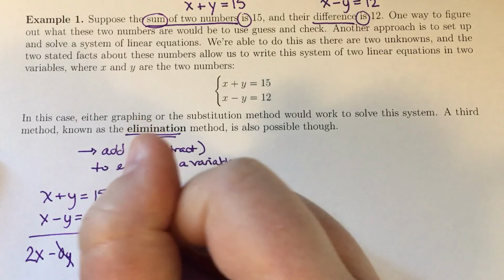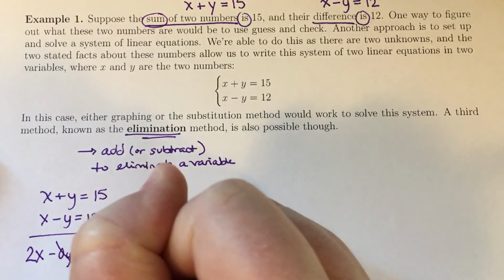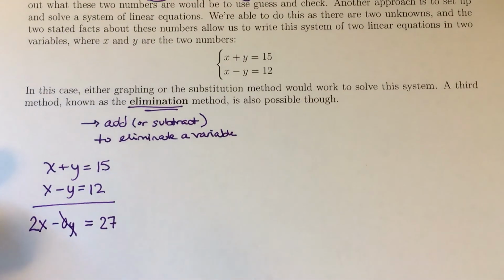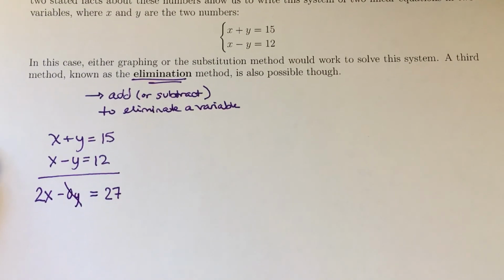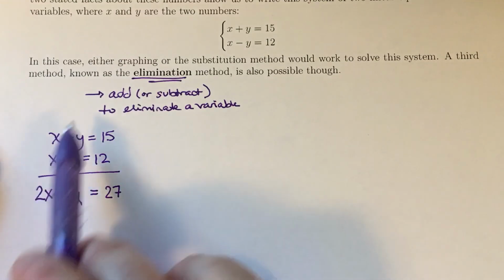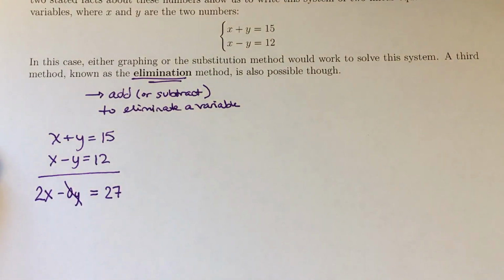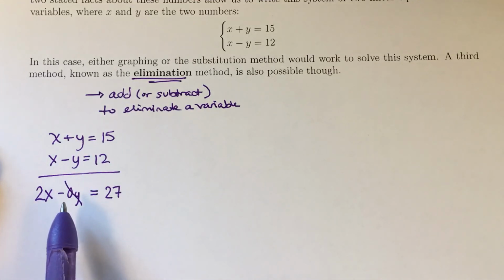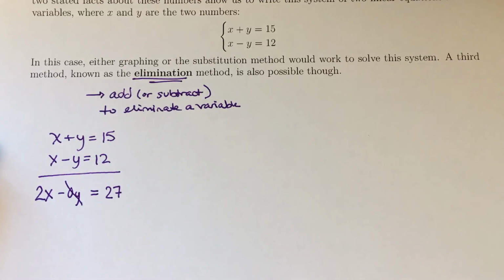And then we still have 15 plus 12 is 27. So if I add the left side, I have to add the right side. We still have to do the same thing to both sides of our equations. So I'm adding every single piece. Elimination only works if, when you add, you get one of the variables to go to 0. That's the whole idea.